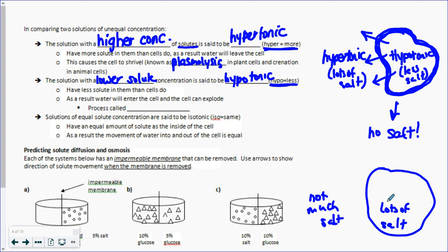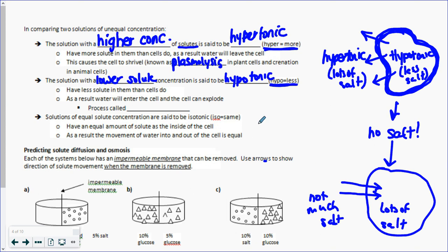If the membrane is selectively permeable against salt, what would actually happen is the water would flow into the cell because it's trying to balance out the concentration gradient and make this, quote unquote, less salty by adding more water.